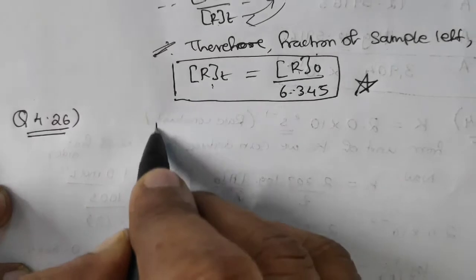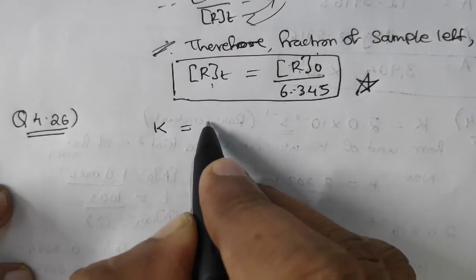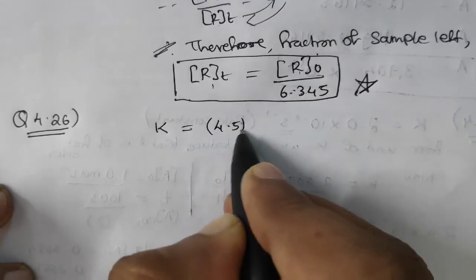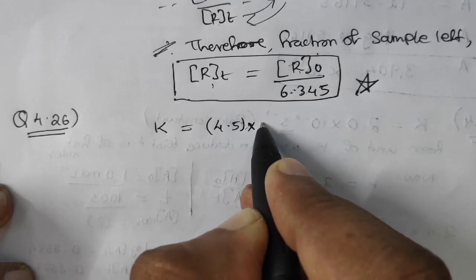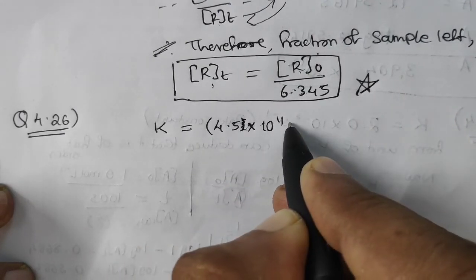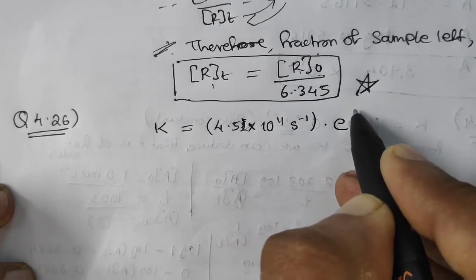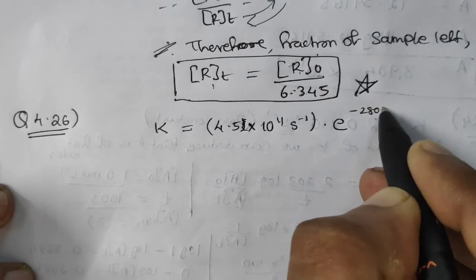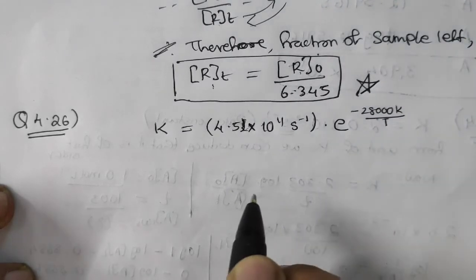Now, it was given in your textbook that K is equal to 4.5 into 10 raised to 11 second inverse into e raised to minus 28000 K by T. Clear?